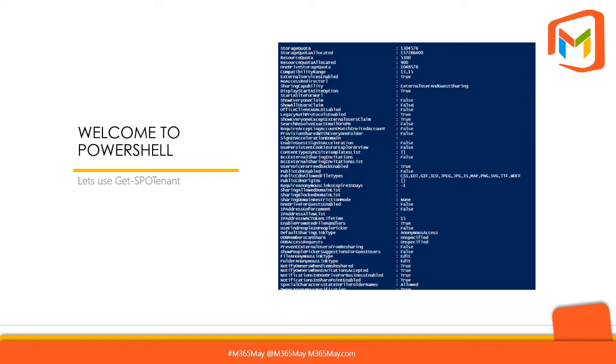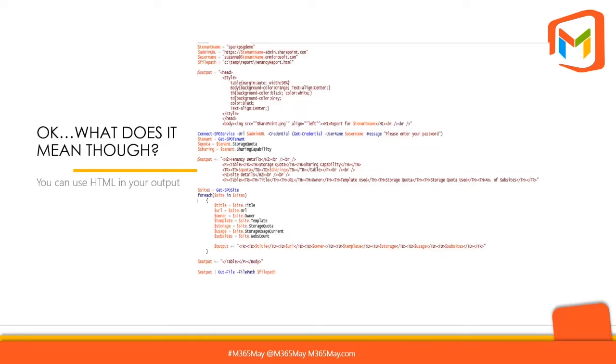PowerShell is a scripting language, and you can use one basic command, this one here, Get-SPOTenant, and it spits out all of this information. And presented like that, it doesn't make a whole lot of sense. So what does it mean?